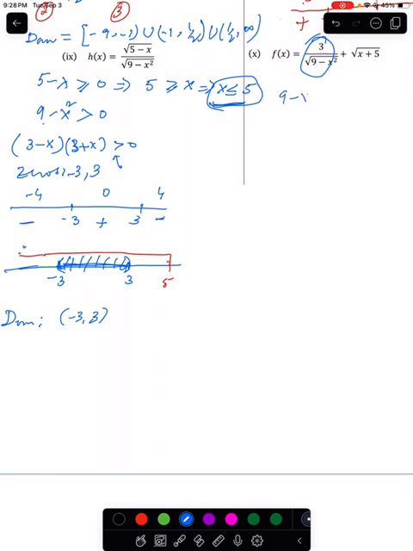Can anyone notice that the domain of this function will be the same as the domain in the previous part? So this is 9 minus x squared greater than 0, and x plus 5 greater than or equal to 0. These are exactly the same conditions that we had there, so I don't need to do it over. So the domain in this case is also negative 3 to 3. So this is how we find the domain.